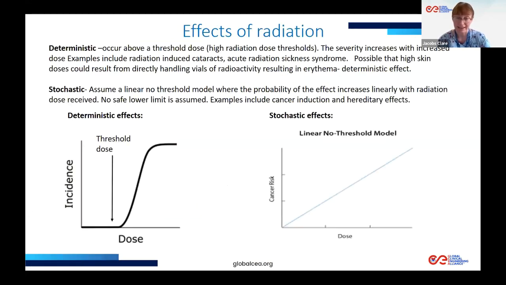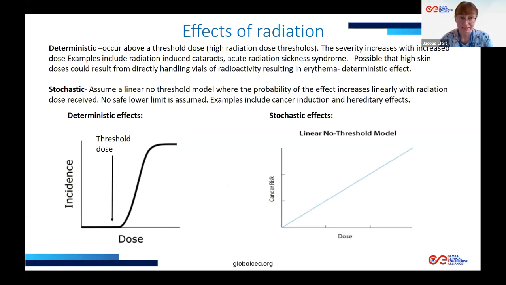So in terms of the effects of radiation, there are 2 categories of radiation effects. Firstly, you've got deterministic effects, which occur above a threshold radiation dose, and they tend to be higher radiation dose thresholds, and the severity of them increases with the increased doses.